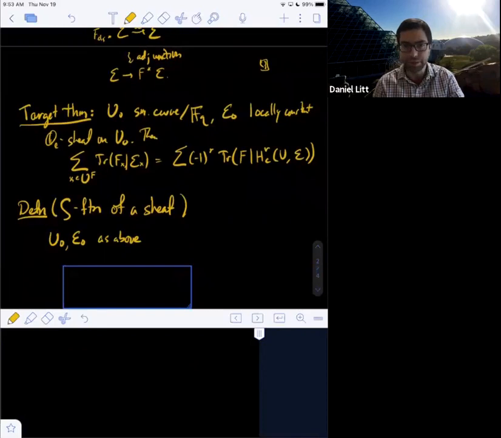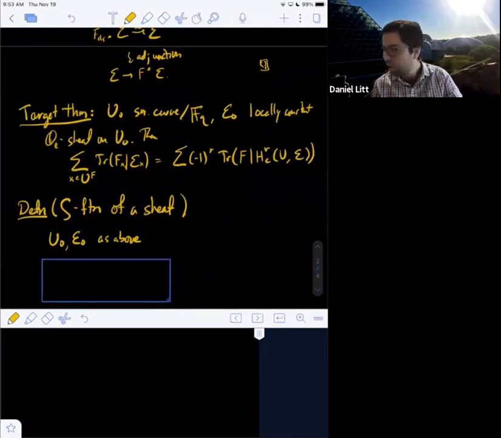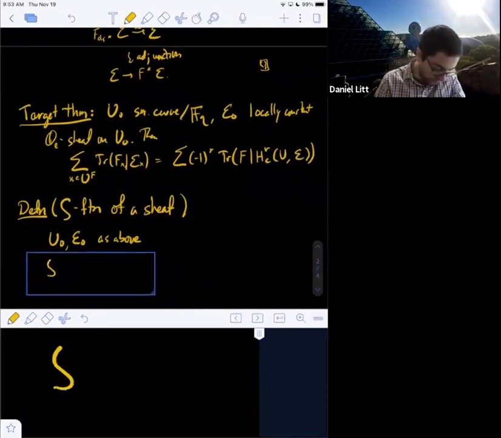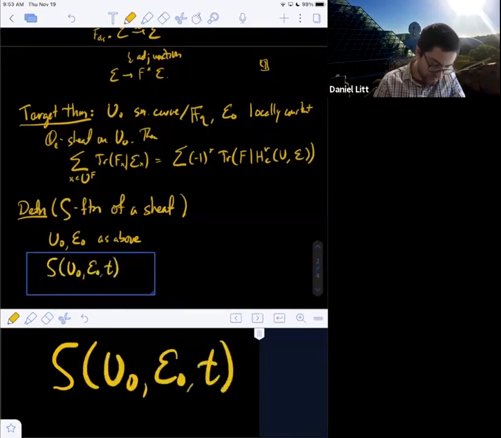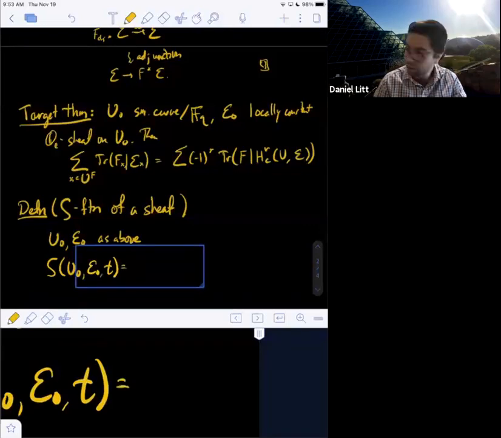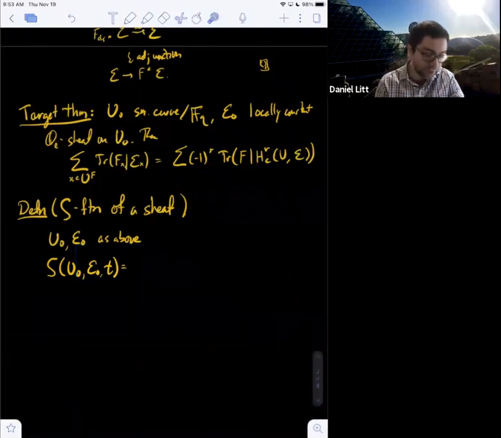All these definitions make sense again without U naught being a curve. Then we're going to define the zeta function of U naught, E naught, in the variable t. It's a natural generalization of the zeta function in the Weil conjectures. The idea is that we're going to replace point counting with this quantity, which just counts points if E is the constant sheaf Q_l.